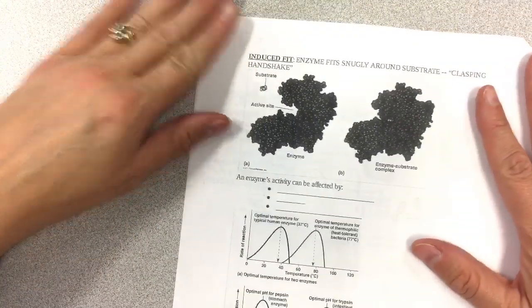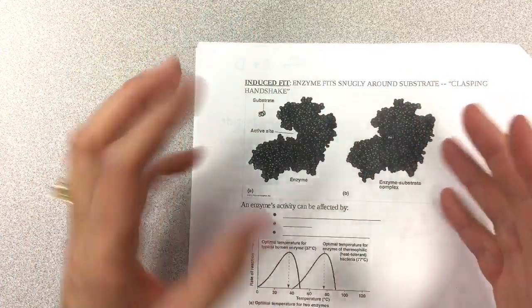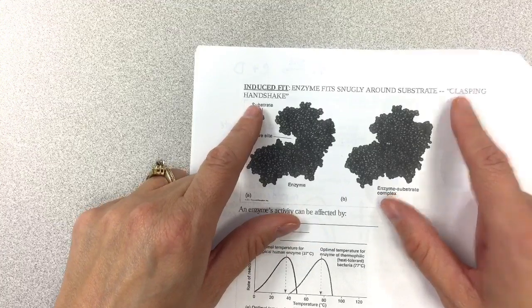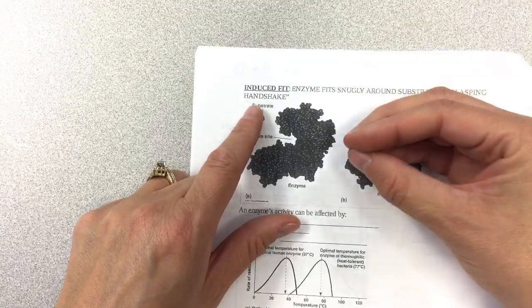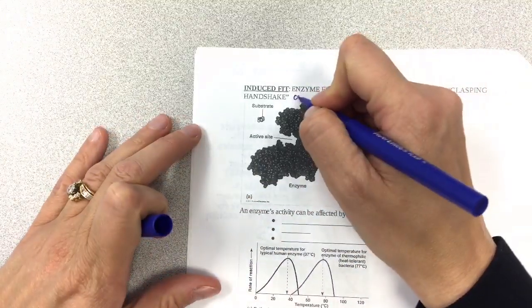So this just shows you the induced fit that we just talked about. When the substrate fits into the active site, it gives that little hug, or a clasping handshake where it comes around it.